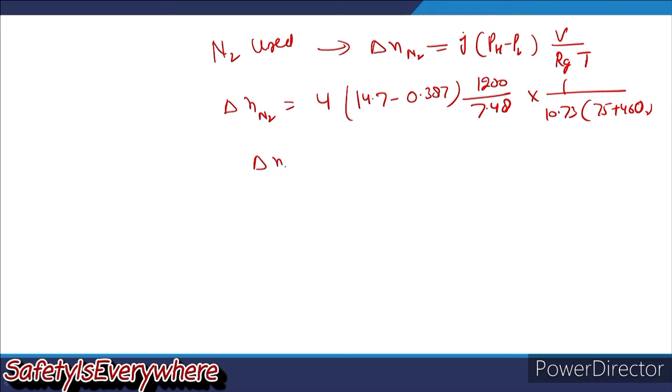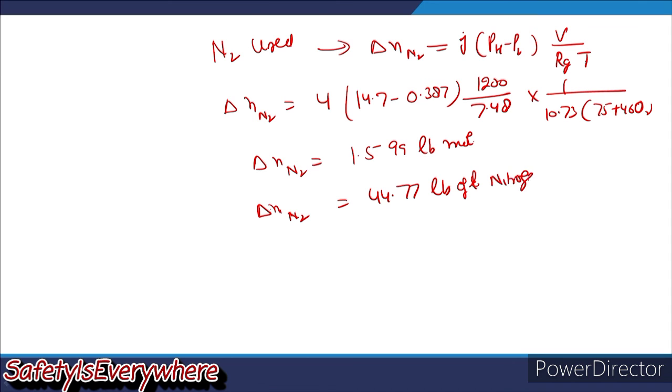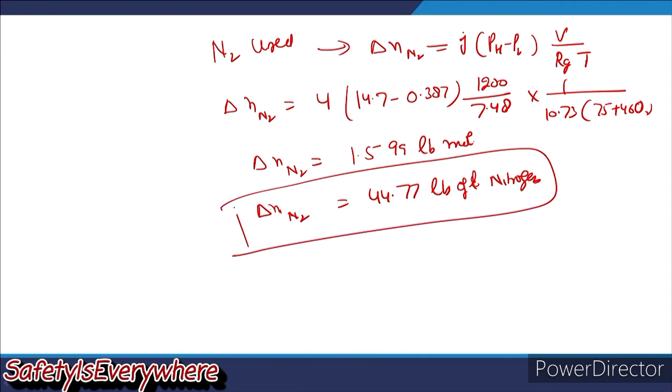If you calculate, it comes out to be 1.599 pound moles. If we consider it in terms of total mass, it is 44.77 pounds of nitrogen. Now this is the entire solution.